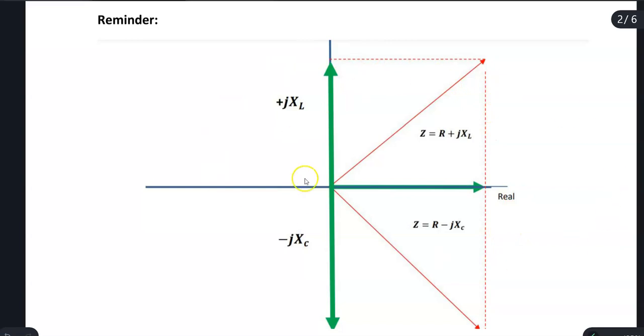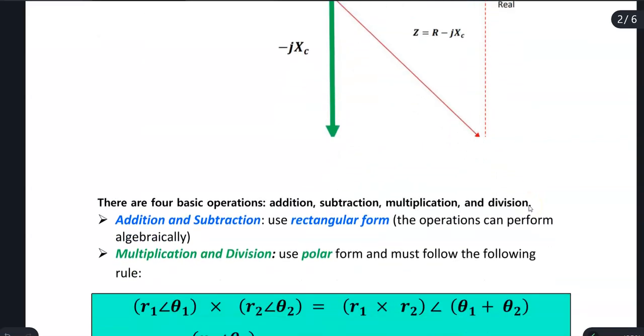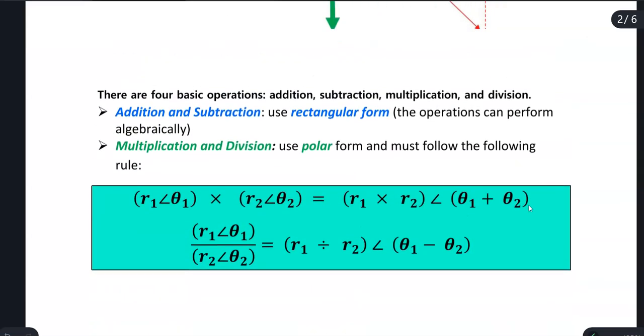So this chart will provide me with the concept, the idea, so I can translate it into my math language for the circuit. And what is the purpose of this? Then I can use the four basic operations of complex numbers to calculate my total impedance.